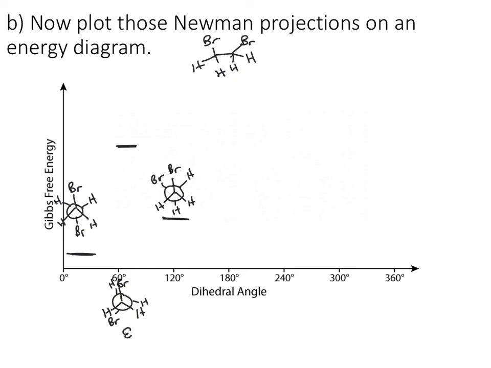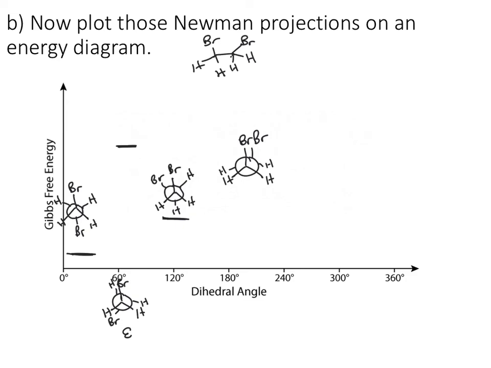And then if I go to another 60-degree rotation, then I get to another eclipsed. But notice with this eclipsed that the bromines, the larger atoms, are eclipsing.